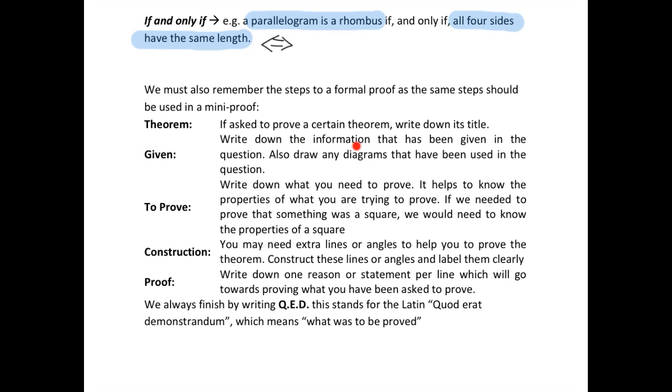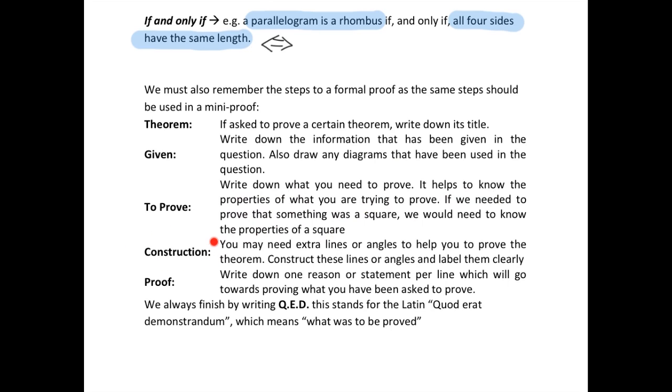So we write down all the information that has been given in the question, and if we're not given a diagram, then we should definitely choose to draw any diagrams that we may need to use in our proof. Next, we write down what we're asked to prove, so it helps to know what properties we're trying to use. So if we needed to prove that something was a square, we would need to know the properties of a square. So all angles are 90 degrees, all sides should be equal, and so on.